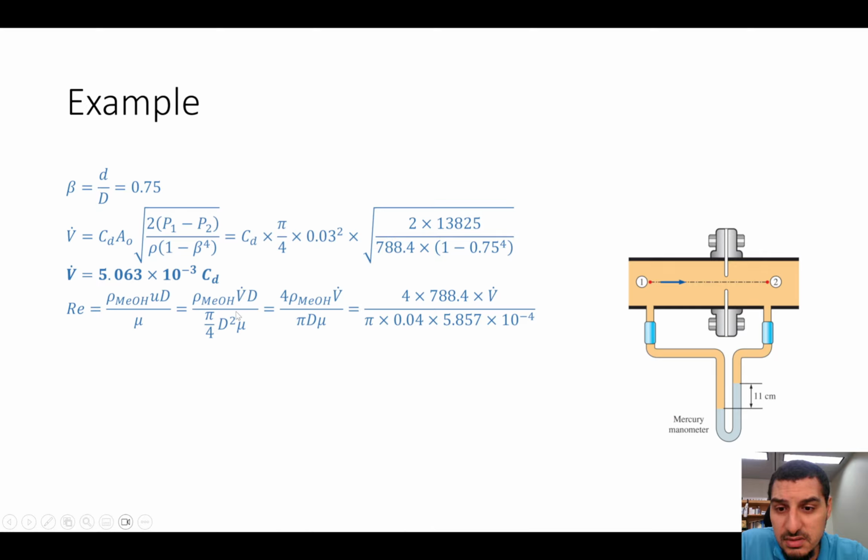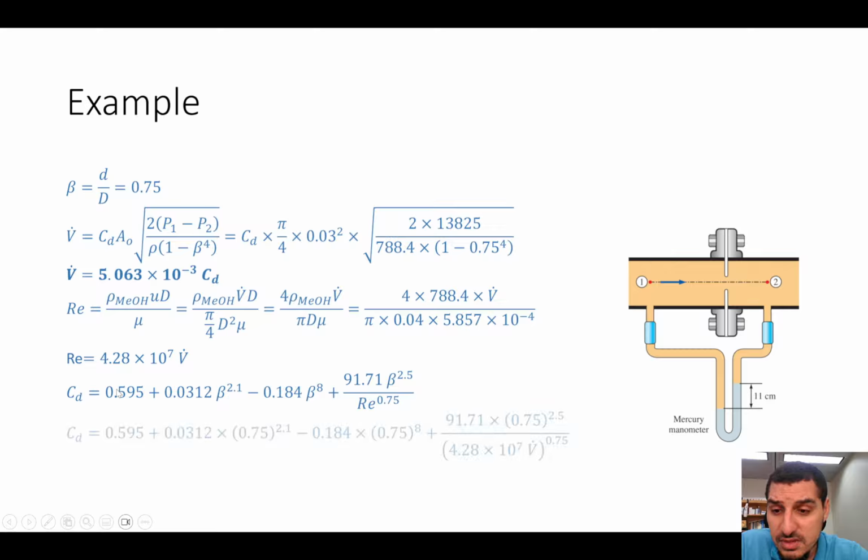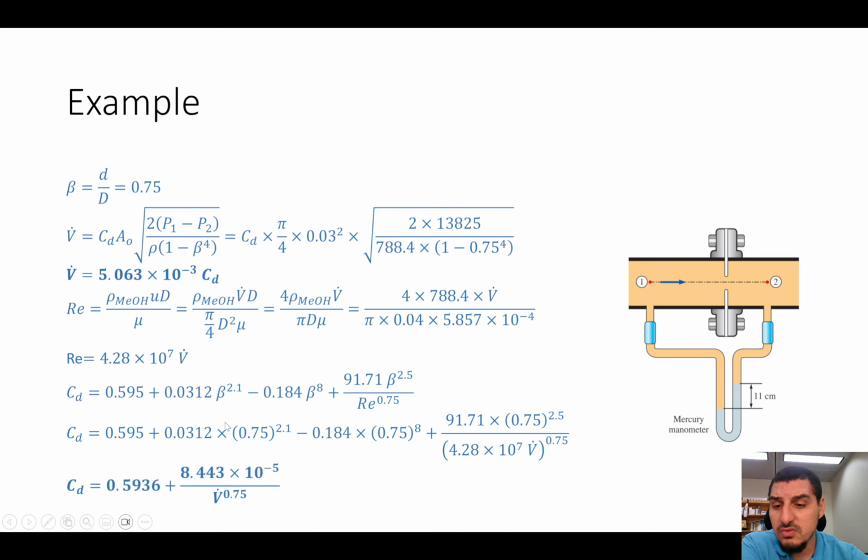By simplification, this square will cancel out, 4 will go in the numerator, and by substitution we find that Reynolds is a constant times V dot. By substituting in the formula of CD, we know everything except Reynolds, but we put Reynolds as a function of the volumetric flow rate. So at the end, CD is a function of the volumetric flow rate.